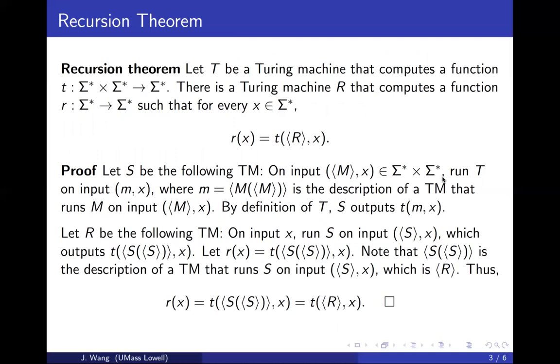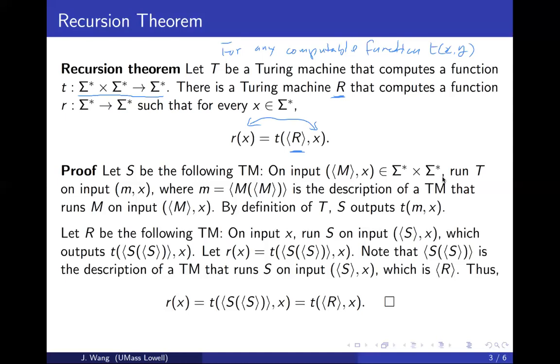So for any computable function T of x comma y, which takes 2 arguments as input and outputs 1 argument, there is a Turing machine R that computes a function small r such that small r of x is equal to T of the description of R itself as one input, and x is the same as this input x.